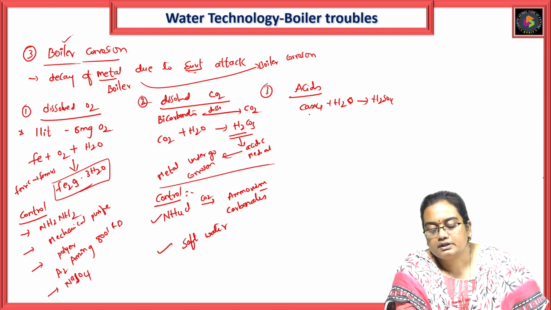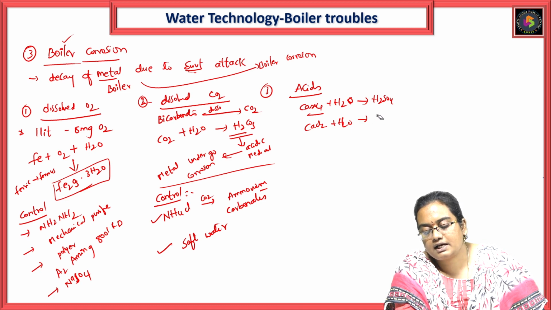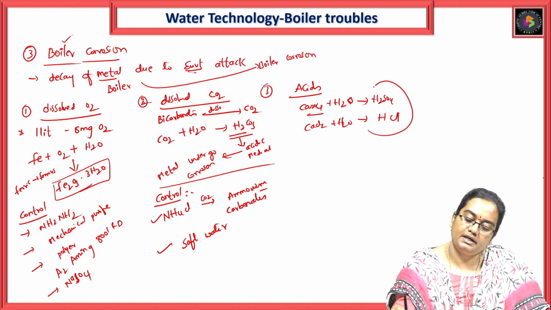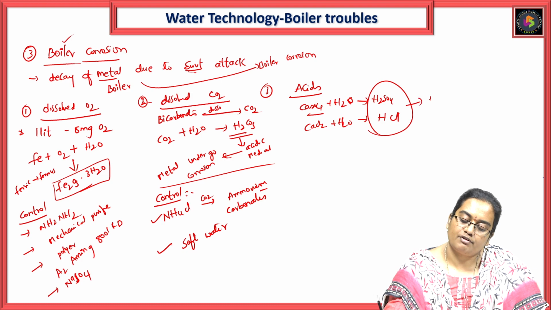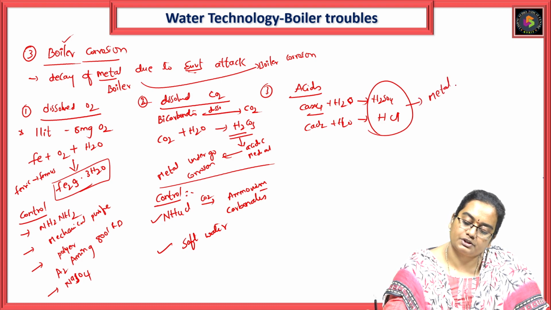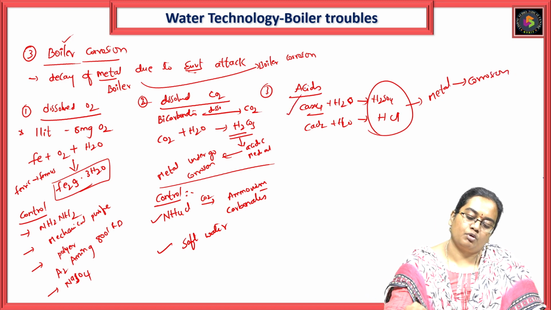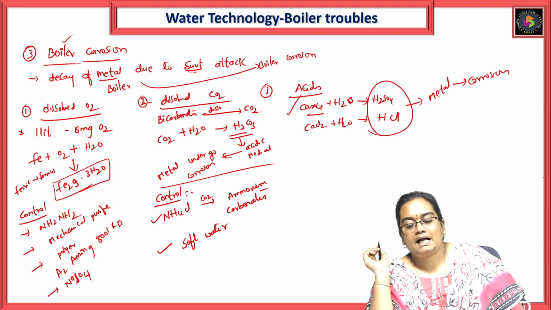Calcium sulfates and calcium chlorides undergo hydrolysis to form acids. This acidic media is mainly responsible for metal undergoing corrosion. This is how your boiler water gets acids.